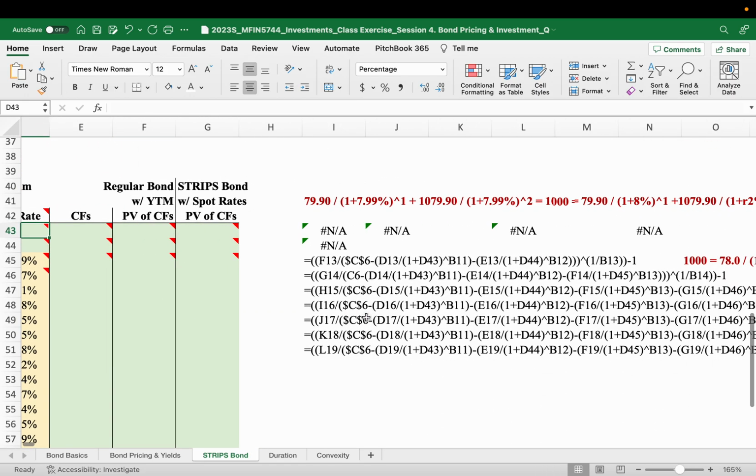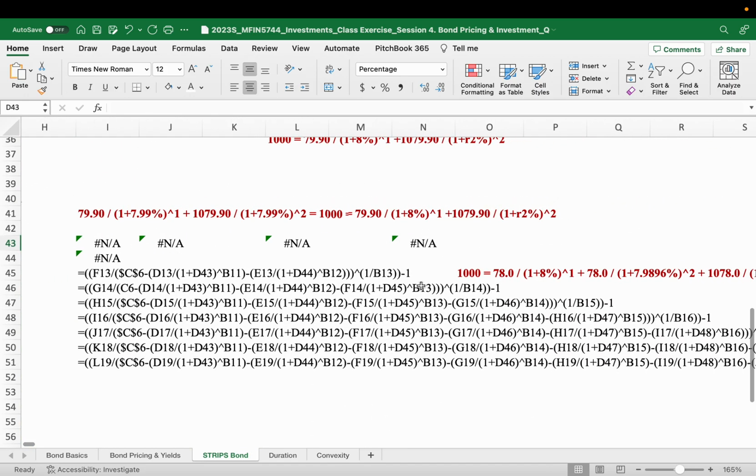So the point is, what is the spot rate to apply to all the cash flows of the strips bond to discount these cash flows, and the sum of the present values of the discounted cash flows is the strips bond value. We need to understand this formula, right?